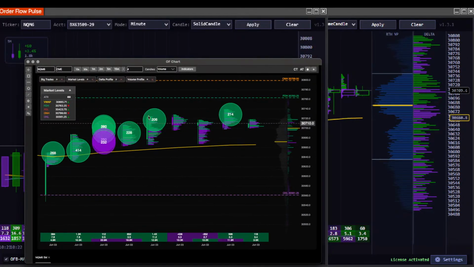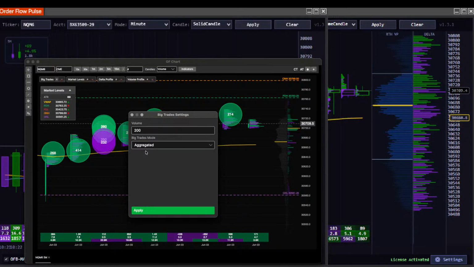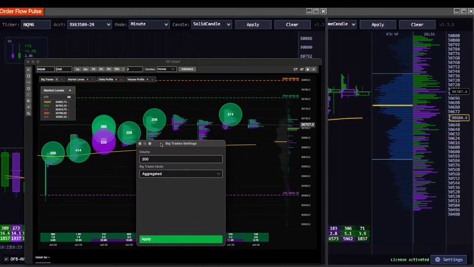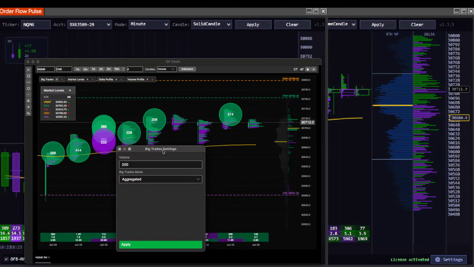You see all these big sellers. The big trades are set to aggregated 200. What I would like to do is find out where these big... like right now, we got more buyers, more big buying activity than anything.